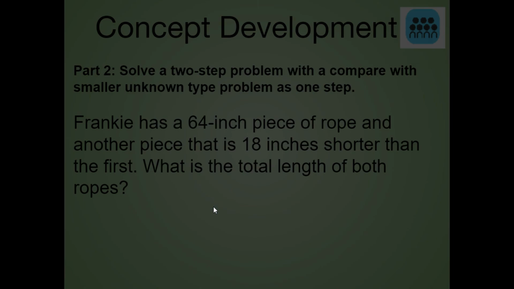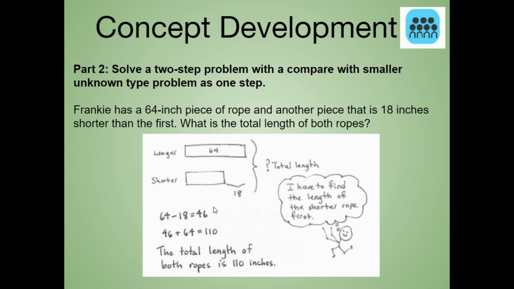Did you draw a tape diagram? Okay, so you have your tape diagram of your larger and your shorter length. So you had 64 minus 18 is equal to 46. 46 plus 64 is 110. And the total length of both ropes is 110 inches.